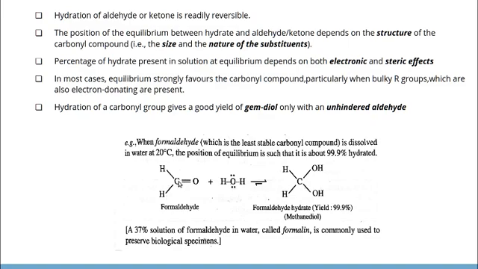These electron releasing groups release electrons, so the electropositivity of the carbonyl carbon decreases. So the approach of the nucleophile to the electrophilic carbon decreases.